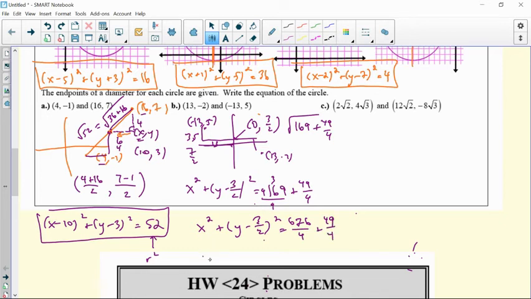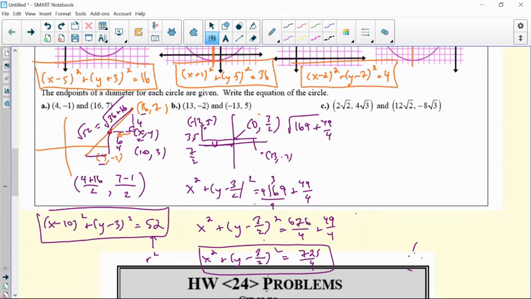And so then finally, I know, lots of fractions in this video, (y minus 3 halves) squared equals 725 fourths. Okay, whew. One more to go.